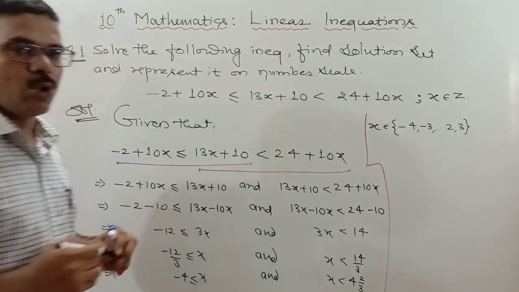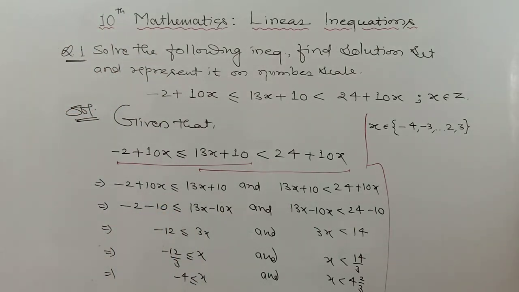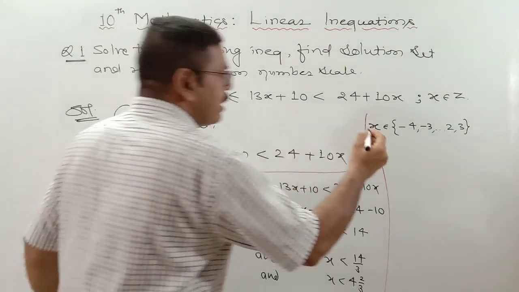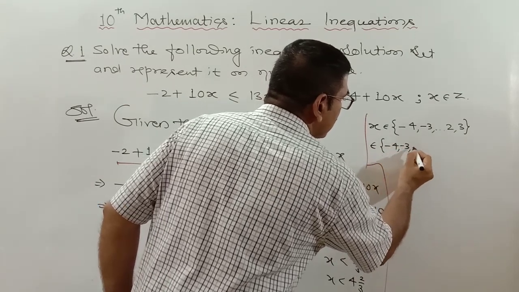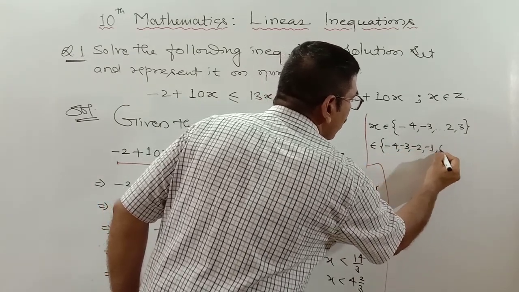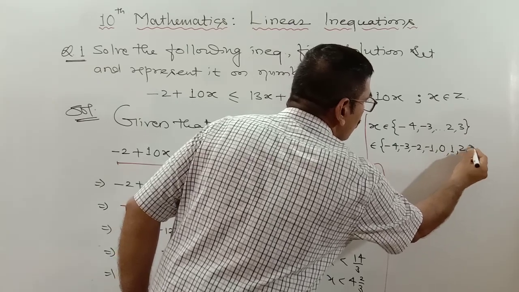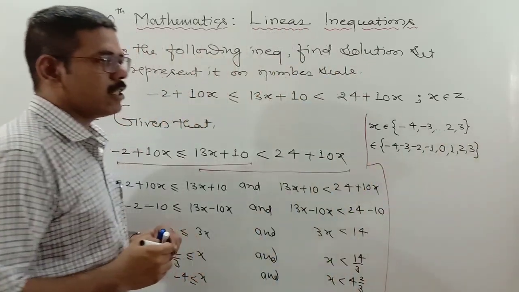This is the solution set, including all the numbers from minus 4 till 4. You can also write it in expanded form: minus 4, minus 3, minus 2, minus 1, 0, 1, 2, 3, 4.